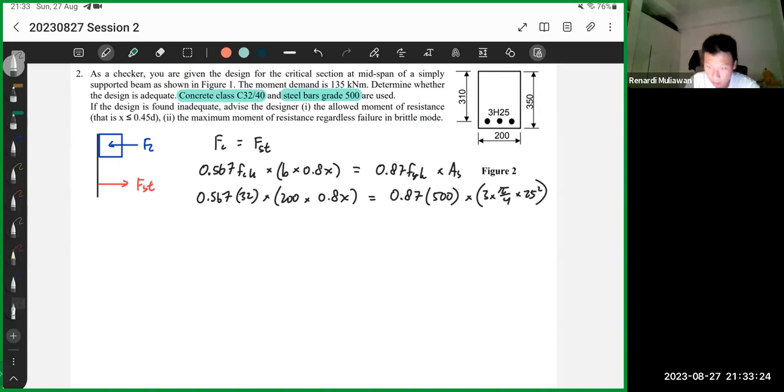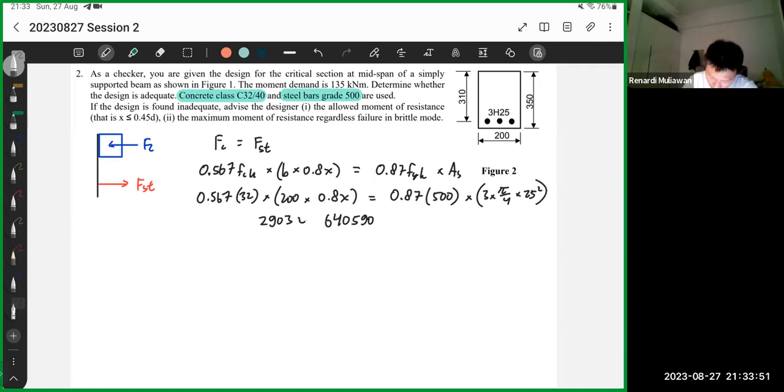0.567, 32, 200, 0.8. It's 2903. 2903 means equals to 0.87, 500, 3, pi over 4, 25 squared. That's 640,590.